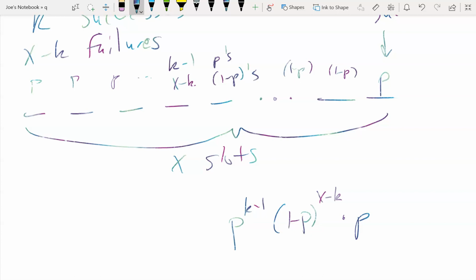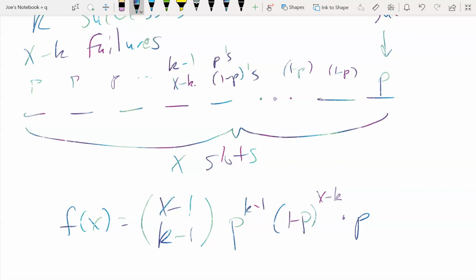Is that the only way to get k minus 1 successes in those first trials? No, there are different rearrangements. How many choices give me the same thing? How many slots are we filling? x minus 1. And how many things are we placing? k minus 1 successes. So in front here, we'll have an x minus 1 choose k minus 1.